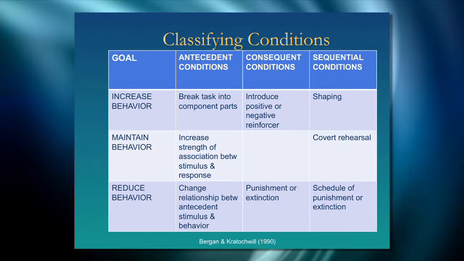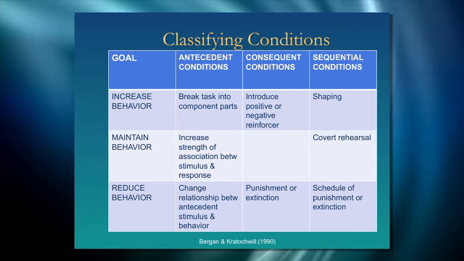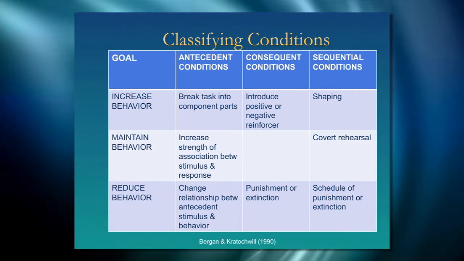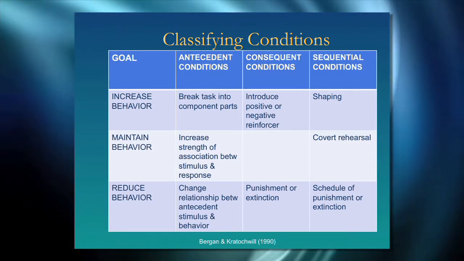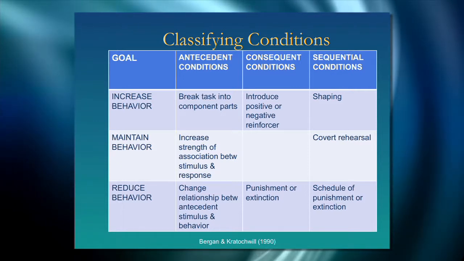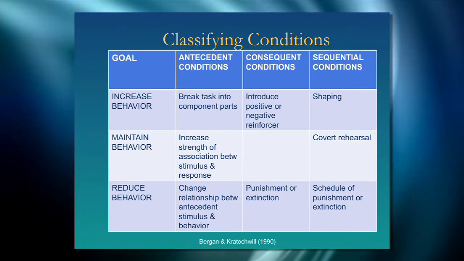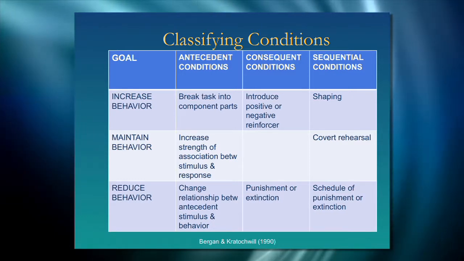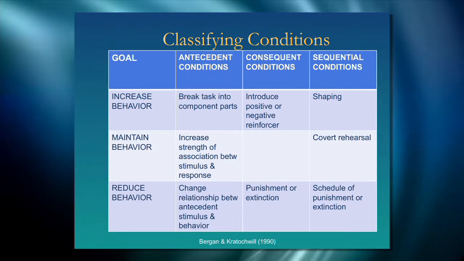Okay, so there are three different possibilities there, and then what we need to consider is each of the conditions: antecedent conditions, consequent conditions, and sequential conditions. So, for example, if we want to increase a behavior by changing the antecedent conditions in some way, one possibility is to break a task into smaller units and focus on one unit at a time so that we're building that behavior up.